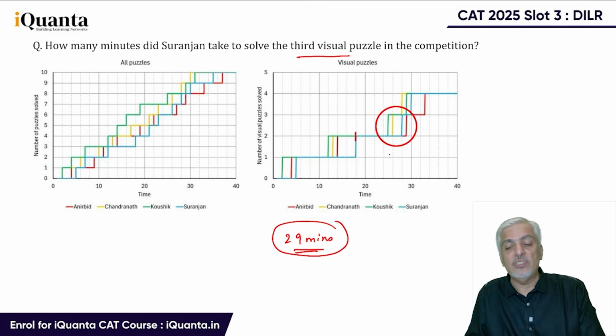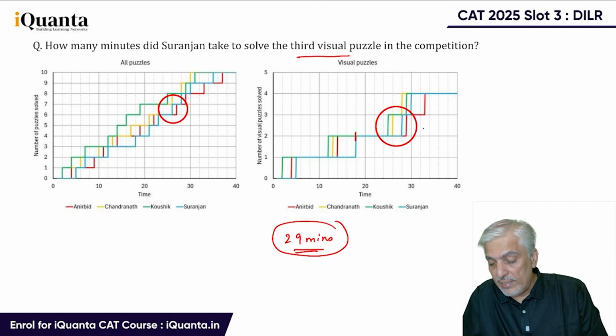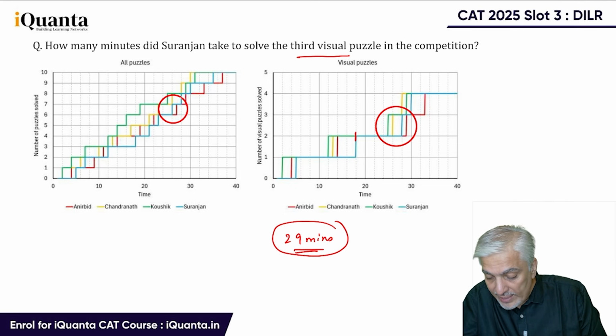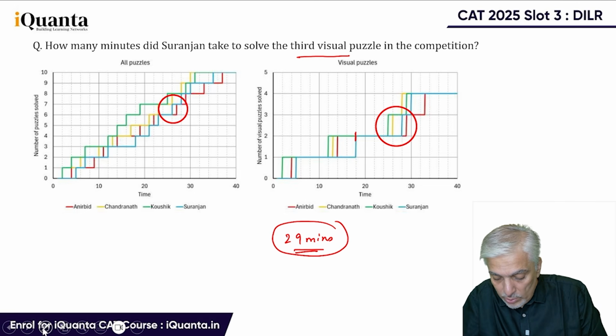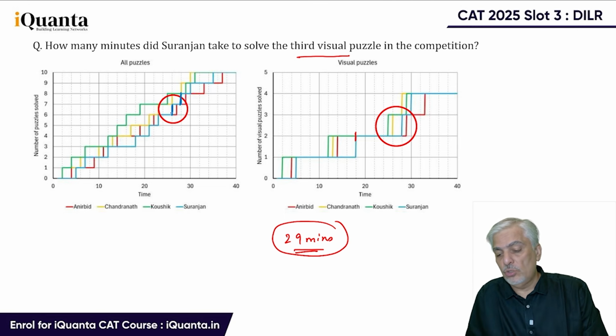So I'll have to come to the first graph. So where is the 29 minute puzzle? If you notice very carefully, his color is blue. This 29 minute puzzle is over here. If you want, I'll use the blue color only, so it doesn't hamper it. This is where he was, the 29th minute. When did he start? He started somewhere over here at the 27th minute.